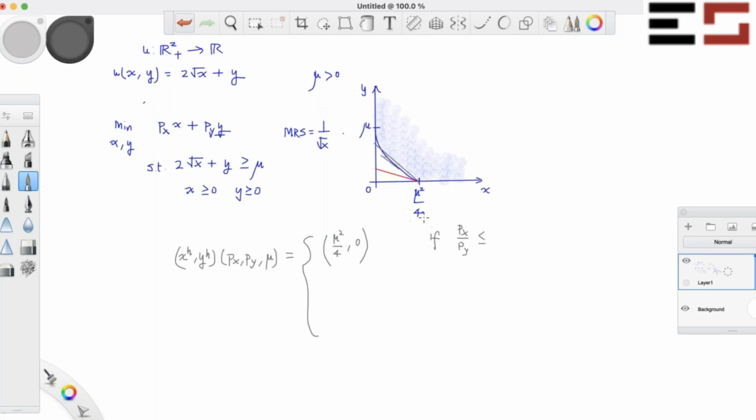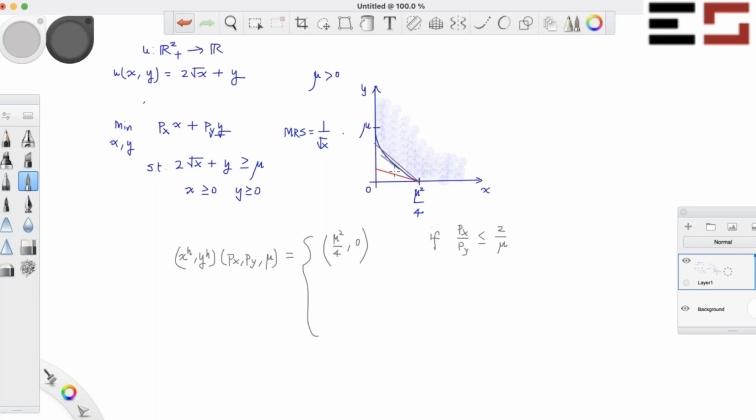And what is root x? Root x is root of this, right? Which is 2 by mu, because 1 upon root of this is 2 by mu, right? Yes or no? So at this point, you figure out the slope of the indifference curve, which is 1 upon square root of mu square by 4, which is 2 by mu.